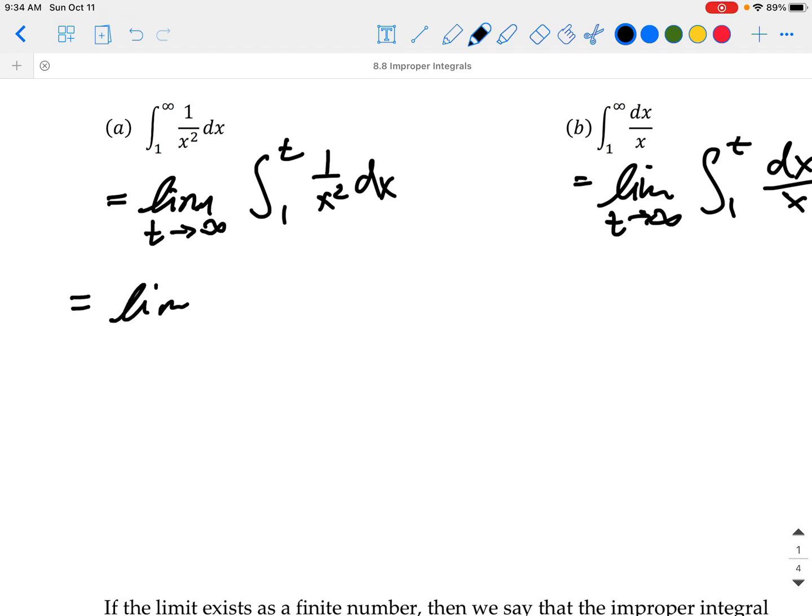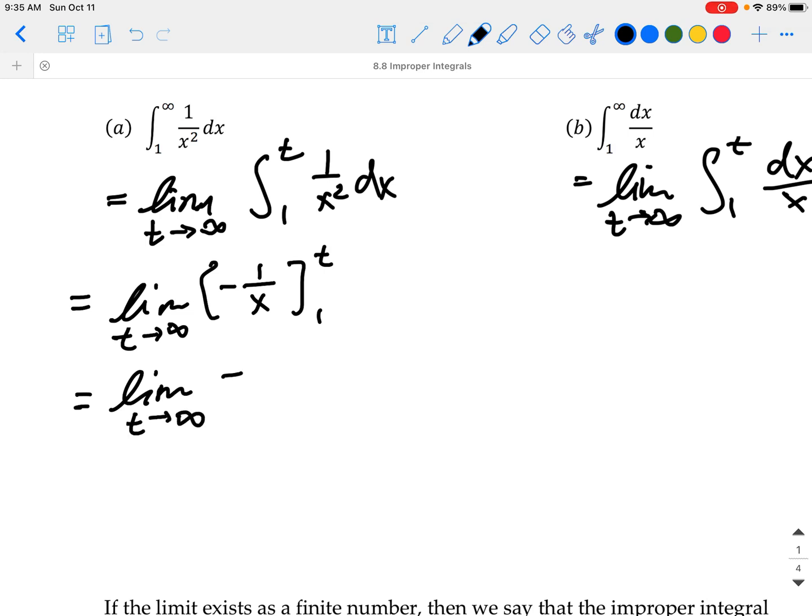All right, so we'll take a look at the first integral here. That's going to be the limit as t goes to infinity. Our antiderivative is going to be negative 1 over x from 1 to t. If we want to, we could distribute out the negative sign and flip the limits of integration, but I think I'll just leave it as is. So we'll get the limit as t goes to infinity of negative 1 over t plus 1, since it'll be minus negative 1.